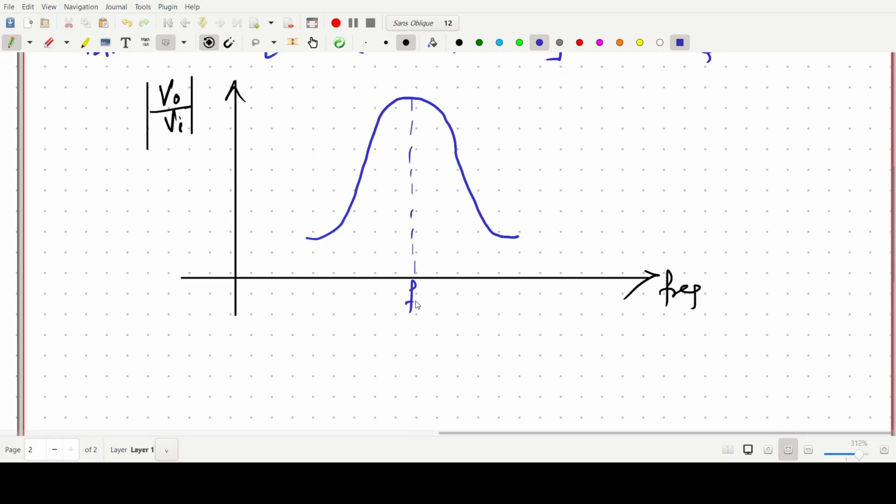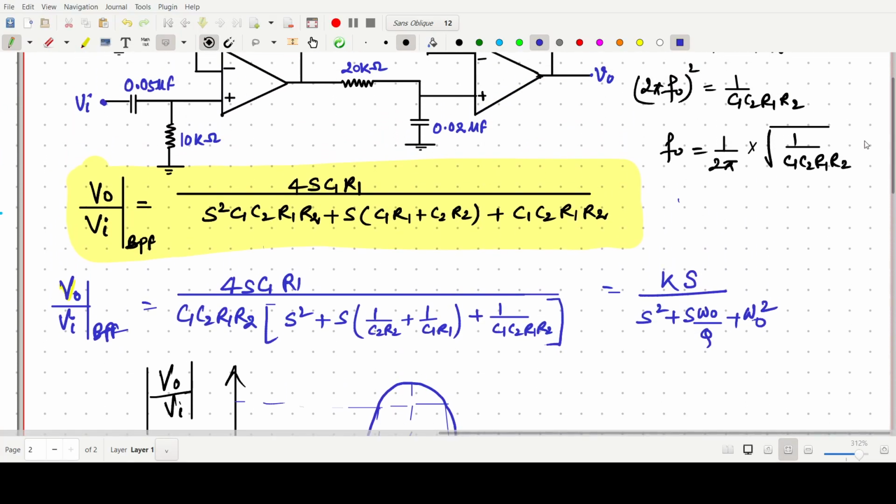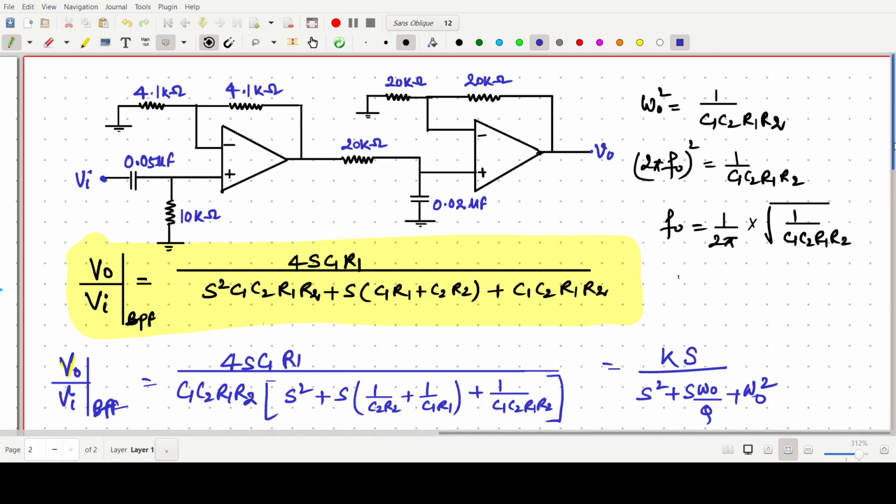So this one is our F naught, and the 3 dB points will be the 2 points that they have asked for in the question. This one is our FOL, and this one FOH. So first I am finding the value of F naught. For F naught, this is the formula that we have derived.